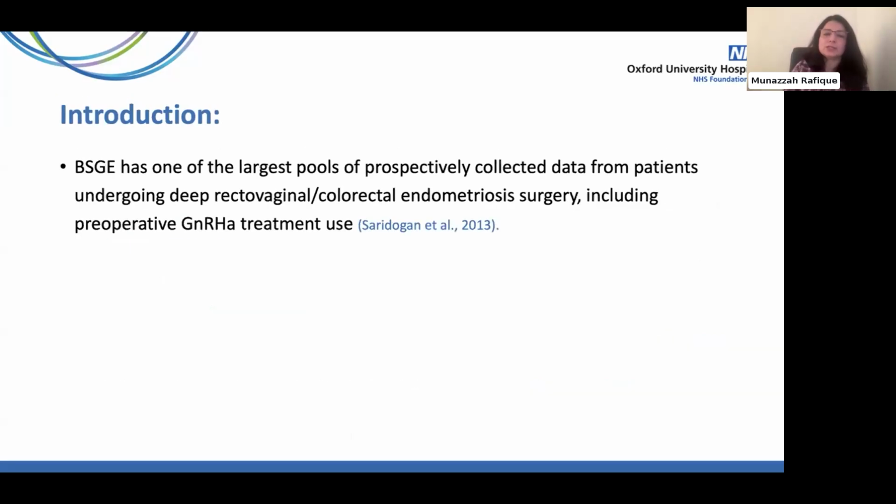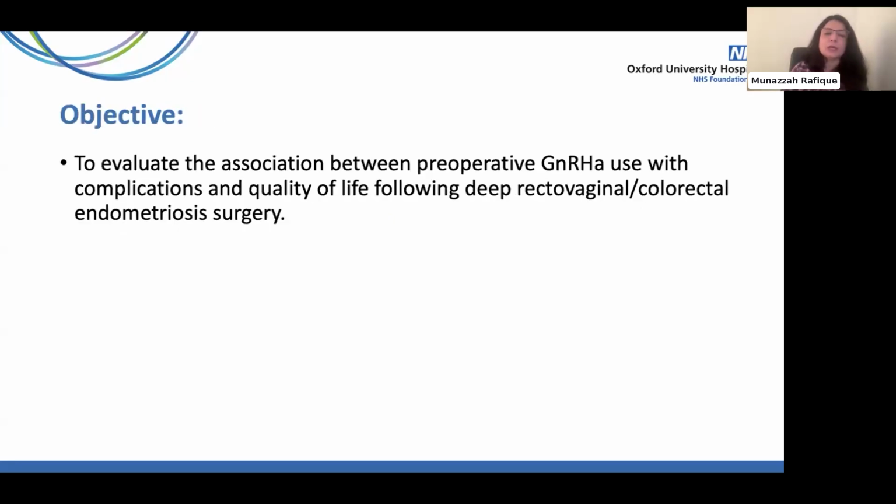The BSGE database is the largest pool of prospectively collected data from patients that have deep rectovaginal or colorectal surgery, and it also includes information on whether these patients received preoperative GnRH or not. The main objective of the paper was to find the association between preoperative GnRH use and whether these patients have any complications, and to see how the quality of life is.